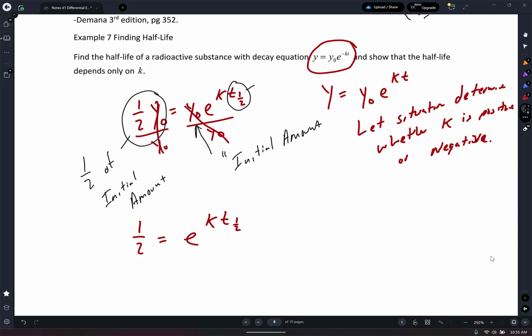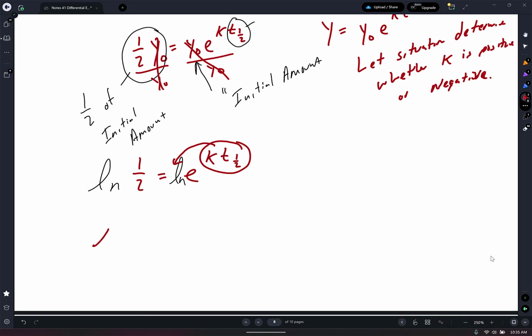Whatever I do to one side, I do to the other. I'm using ln because ln of e is 1. Bring this down, right here. And here's what I now have: ln of 1/2 equals kt subscript 1/2.